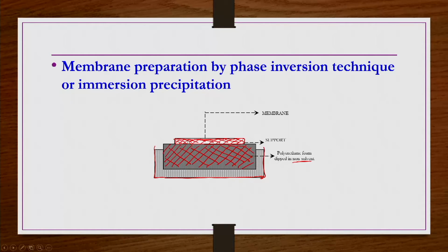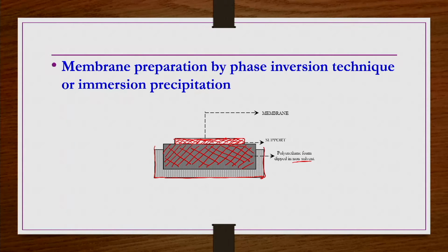Now when you keep this support on the foam, different types of supports are there, let us say a clay support. You keep the clay support on the surface of this foam.